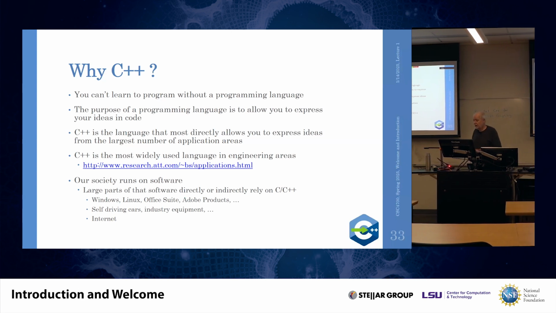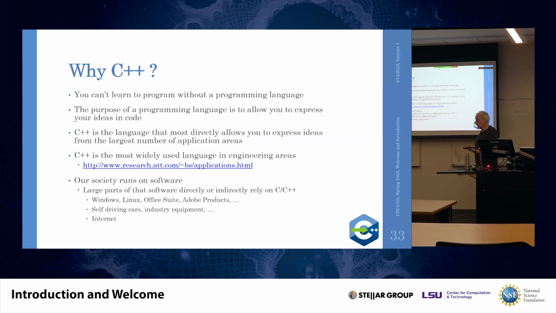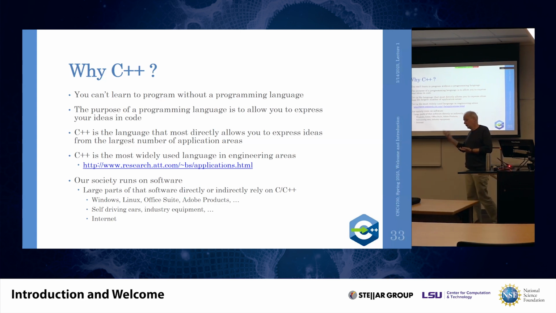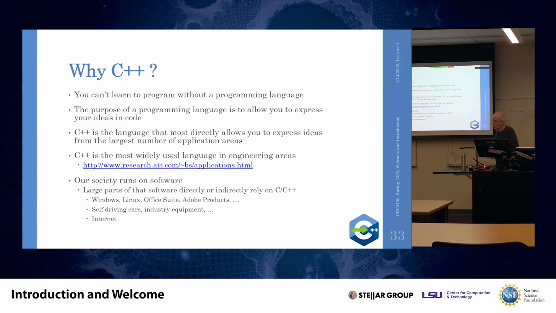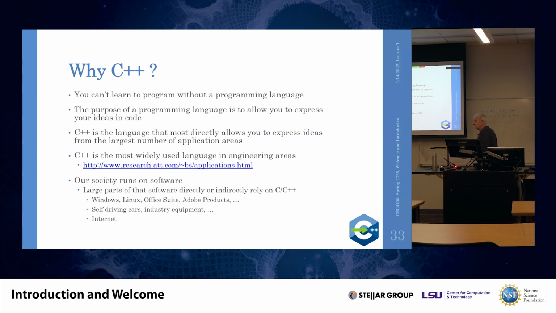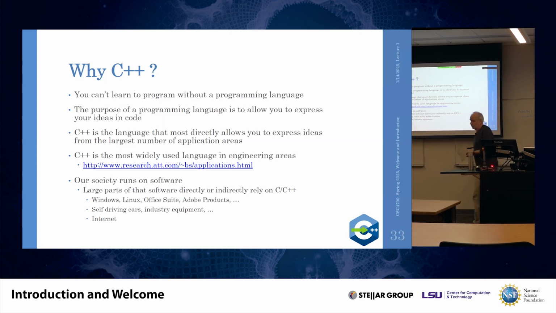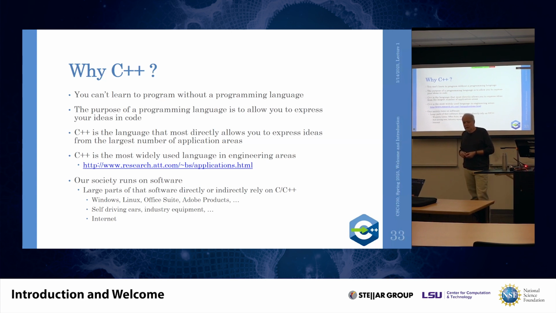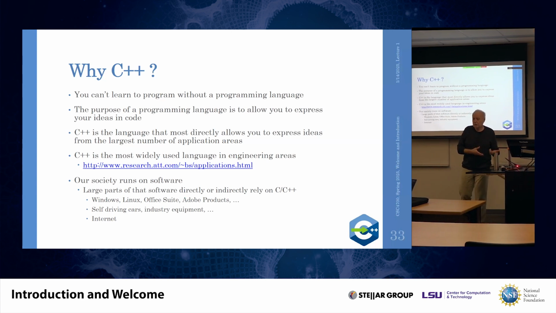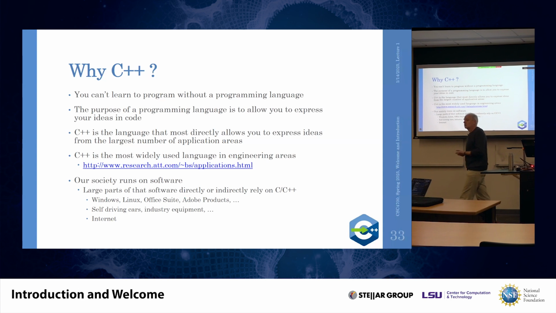And on the other hand, it allows you to most accurately express the intent you have in the model you have in your mind. Oh, by the way, C++ is one of the most widely used languages in engineering today. There isn't a field today anywhere where software is involved where C++ isn't part of it.